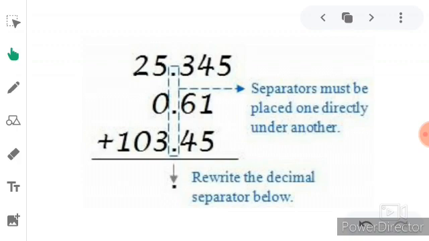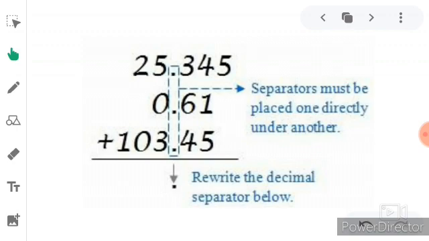Students, generally we start our addition with the unit place, but here we will have to start adding from the extreme right hand side.